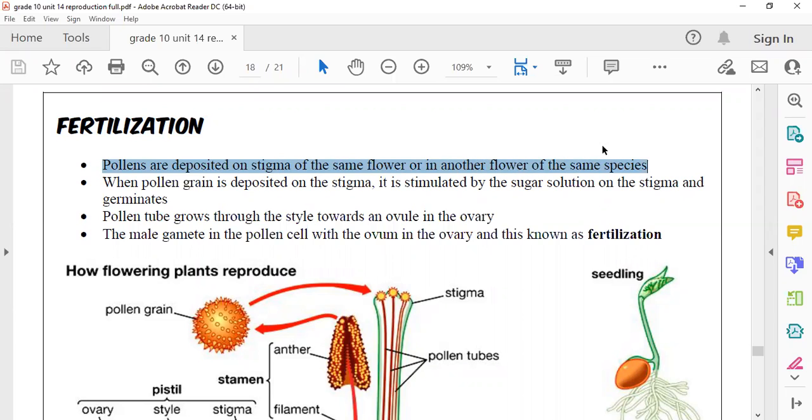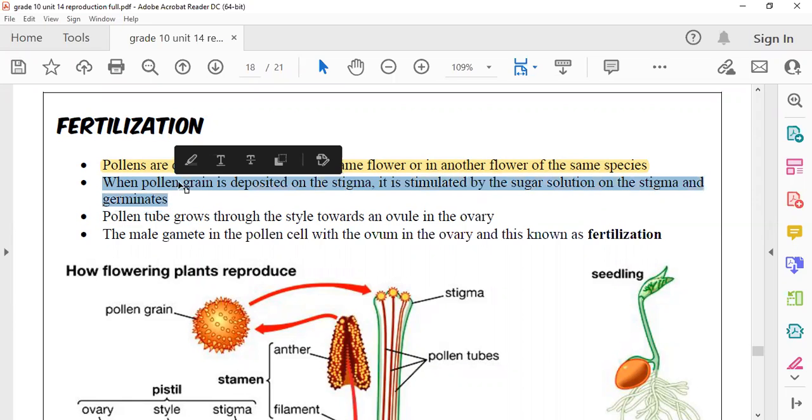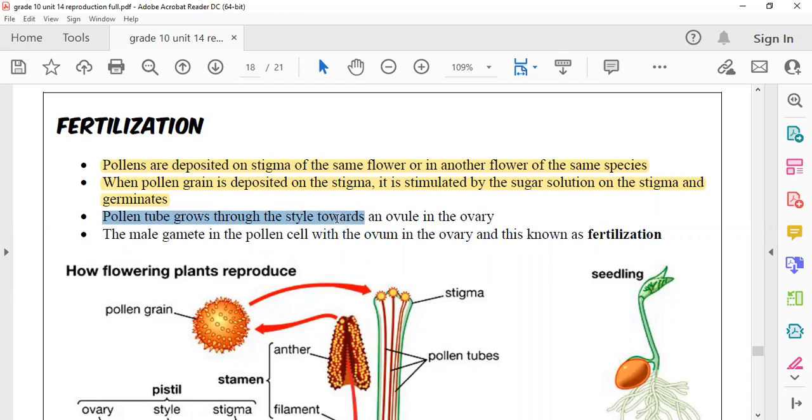That is the description for pollination. When pollen grains are deposited on the stigma, it is stimulated by a sugar solution on the stigma, and that is germinating. Due to the germination, it produces a pollen tube. That pollen tube is growing through the style and reaches the ovule in the ovary.